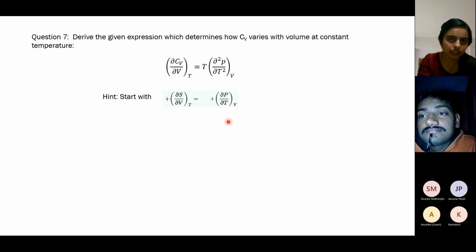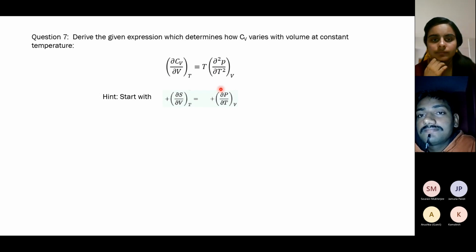By looking at this too, can you tell me what to do? Now you should be able to. If you are given this expression and you have to derive that expression, how do you do that? Look at the right hand side and left hand side of both the equations and tell me.